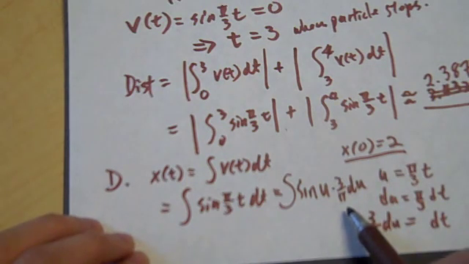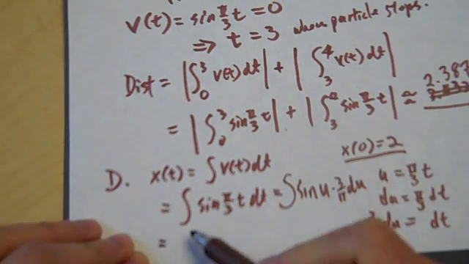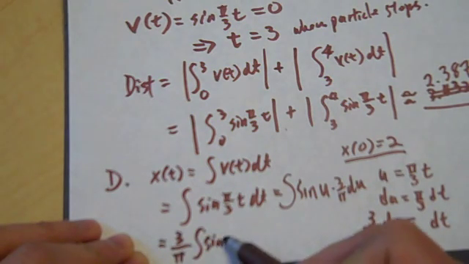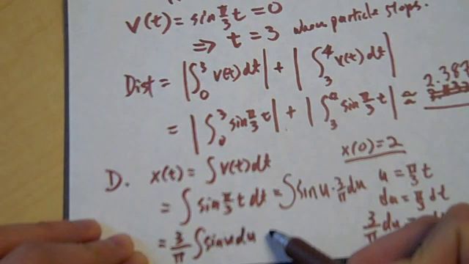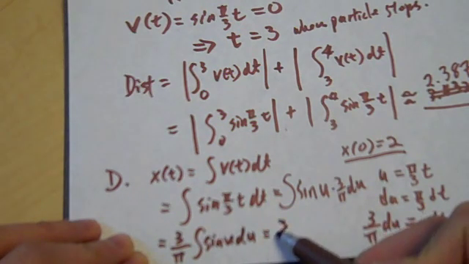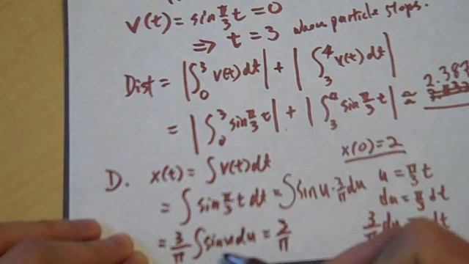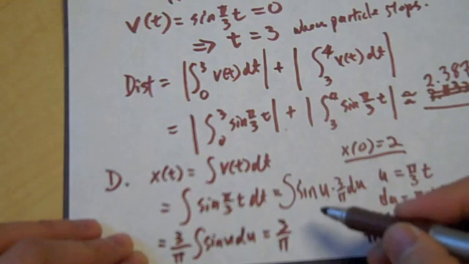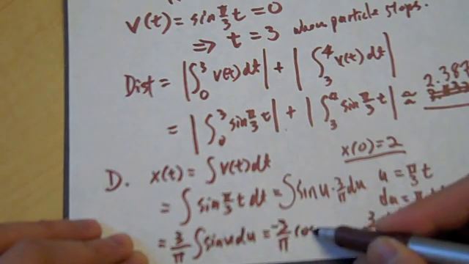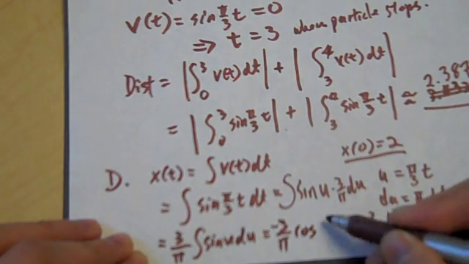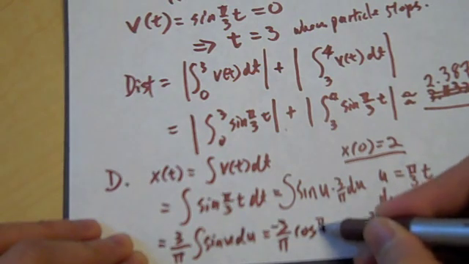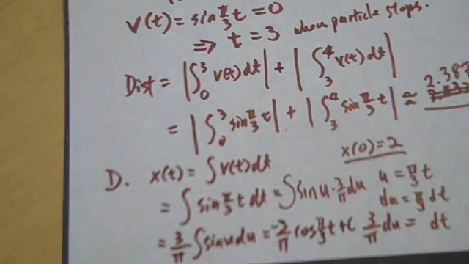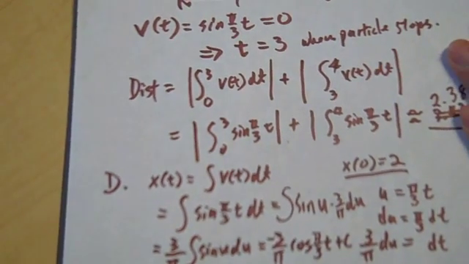Now this 3 over pi can be brought to the front: 3 over pi times the integral of sine u du. The integral of sine is negative cosine, so we end up with negative cosine u plus c, and u in this case is pi third t, plus c. So this is our general equation.